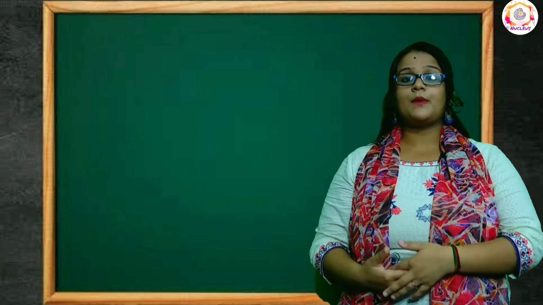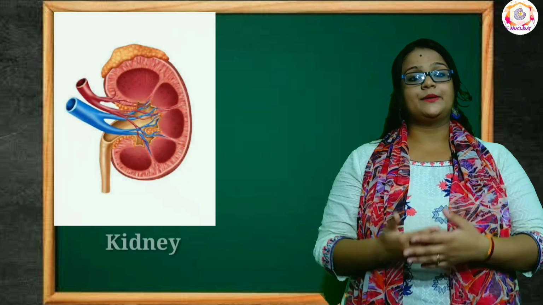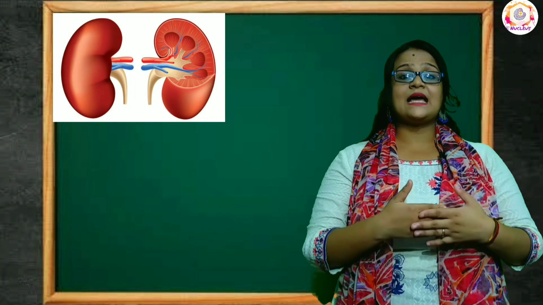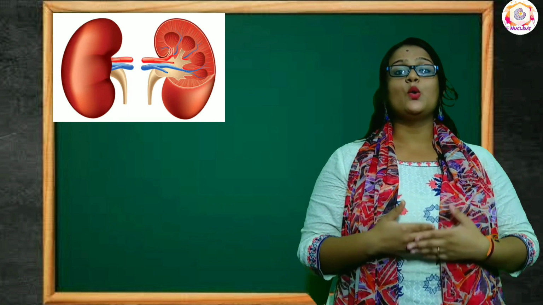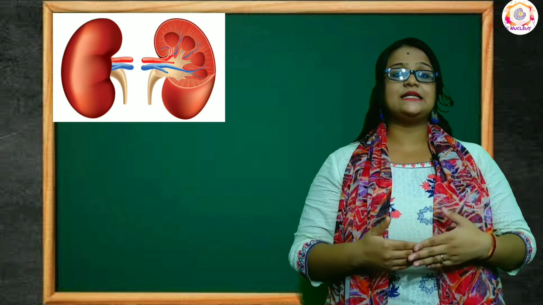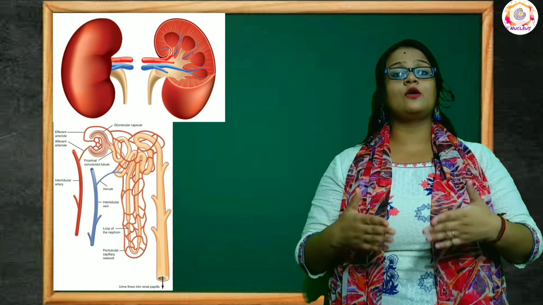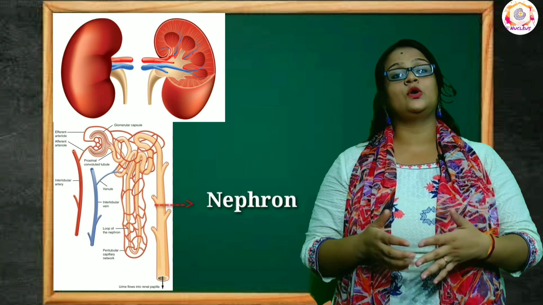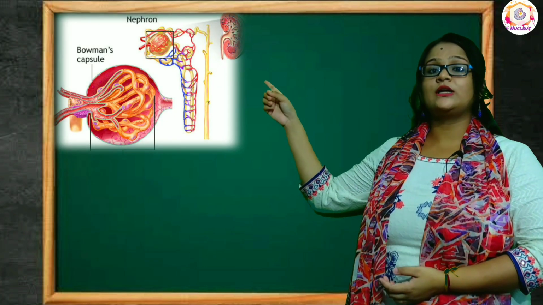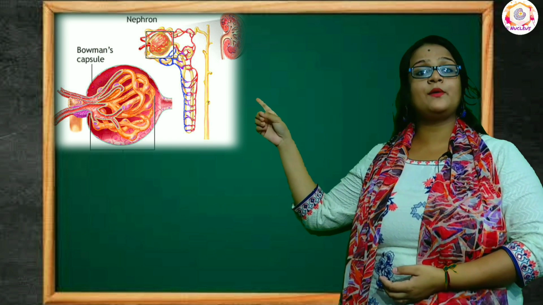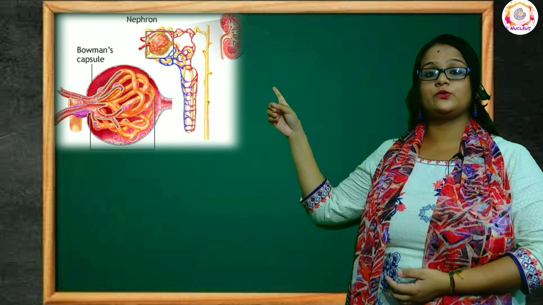Now, let us study the detailed structure of the kidney. When we dissect the kidney transversely, we can see that each kidney is made up of a large number of excretory units called nephrons. Nephron has a cup-shaped bag at its upper end known as Bowman's capsule.